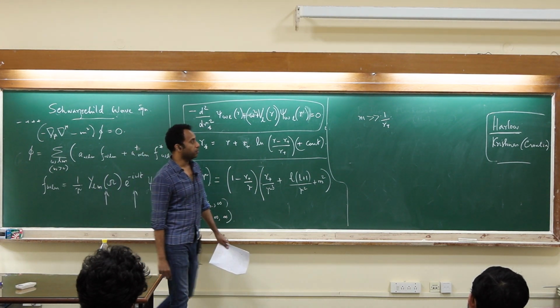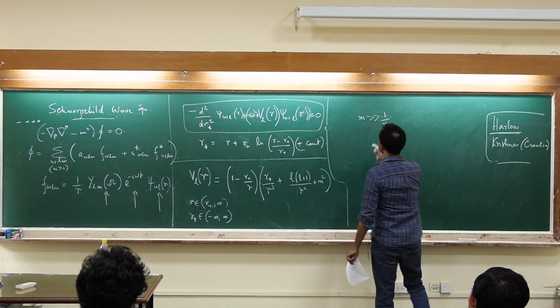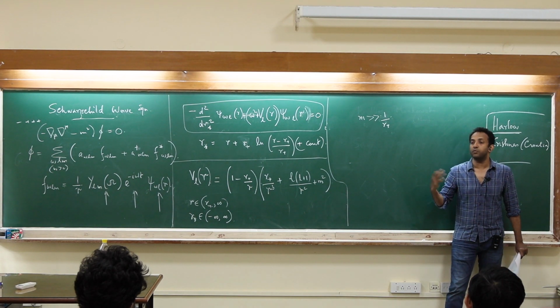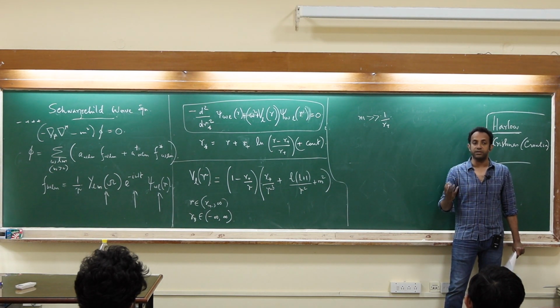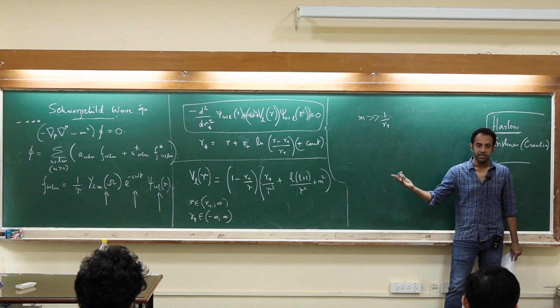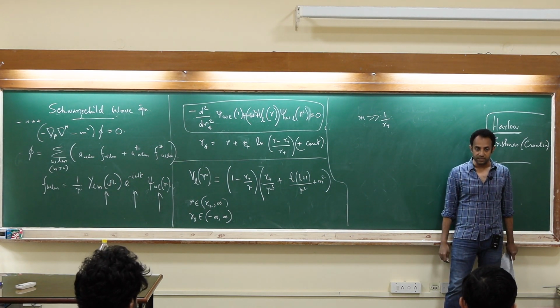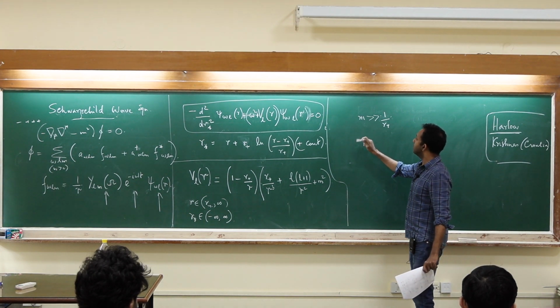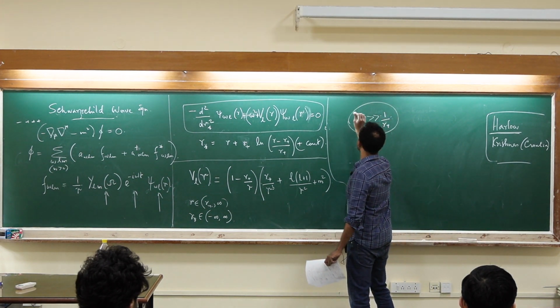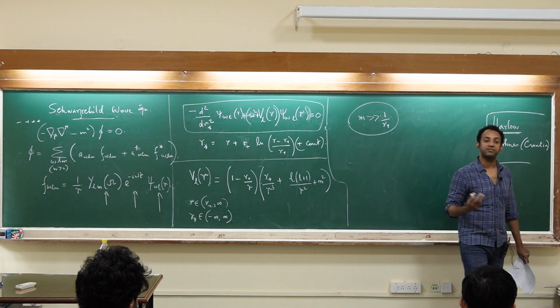The physics of the Hawking temperature, which we know is controlled by r plus, is not going to affect our physics if omega is much higher than 1 by r plus. So that's one reason why, at least in this regime, we don't care about the mass of the scalar.